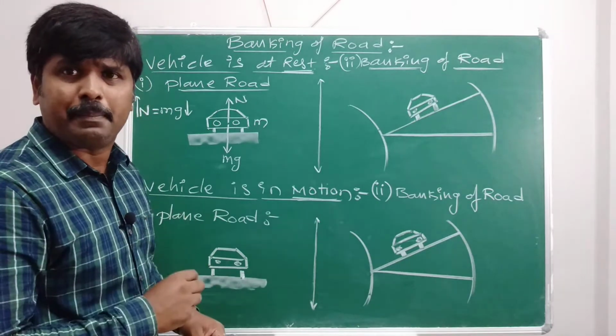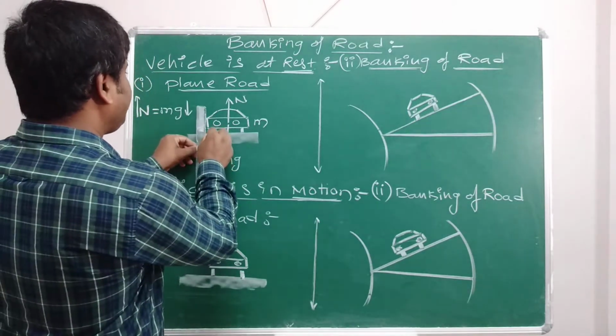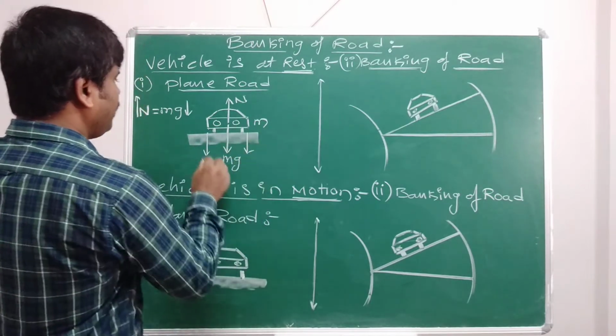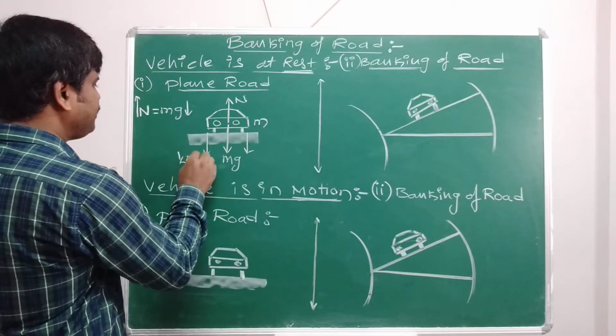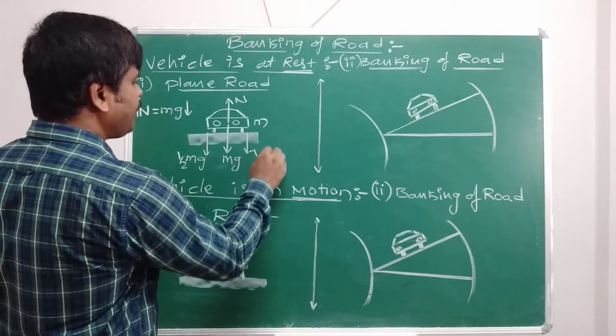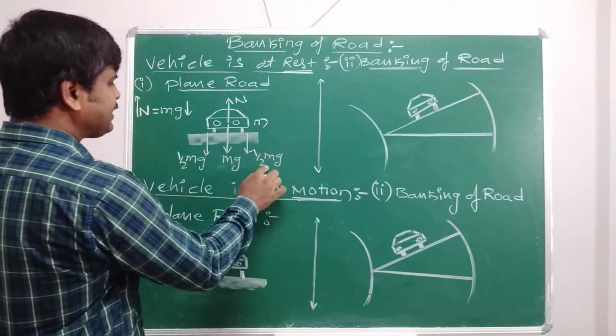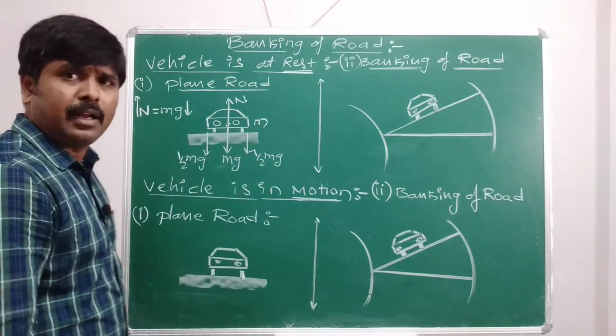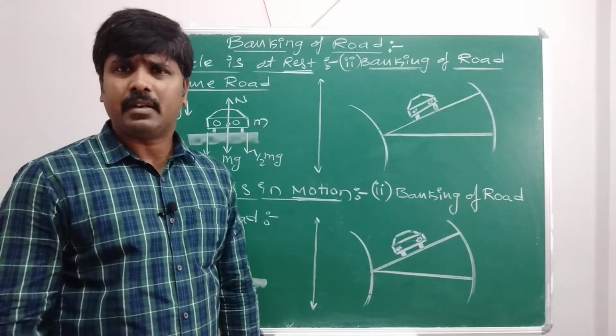That is not a problem. Here half of the weight can also be taken, like a load of the car. So this is 1 by 2 mg and this is 1 by 2 mg. The total is mg only, acting at the center of the vehicle, that is the car.